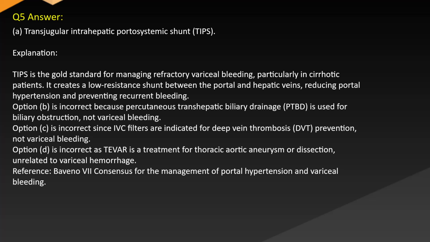Option C is incorrect since IVC filters are indicated for deep vein thrombosis, DVT, prevention, not variceal bleeding. Option D is incorrect as TEVAR is a treatment for thoracic aortic aneurysm or dissection, unrelated to variceal hemorrhage. Reference: Consensus guidelines for the management of portal hypertension and variceal bleeding.